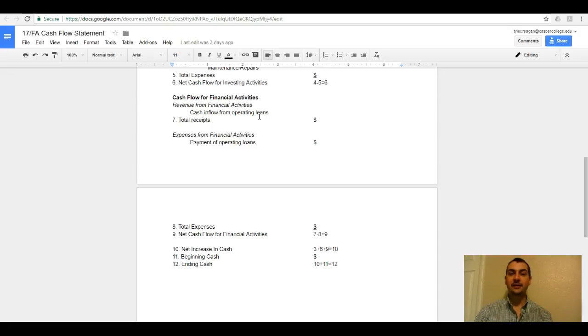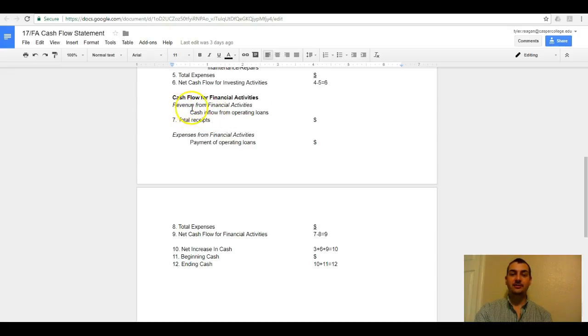So if you don't have enough money to operate the farm or ranch for the full year, you might go out and pull out an operating loan that you use throughout the year, and then you pay it off at the end of the year or the next year. So if you withdraw from an operating loan or take out an operating loan, that's money coming into the business. So technically that is a cash inflow from an operating loan, and that's considered revenue or receipts.